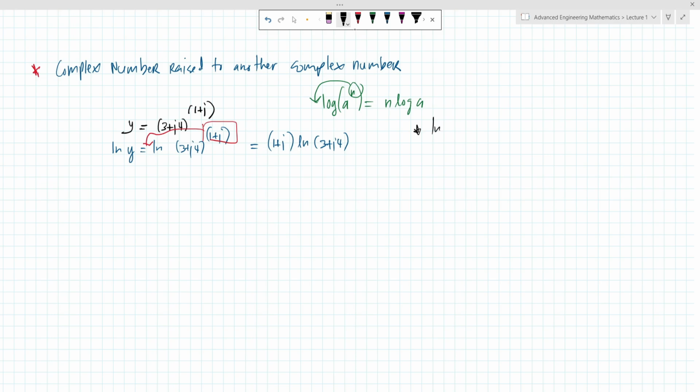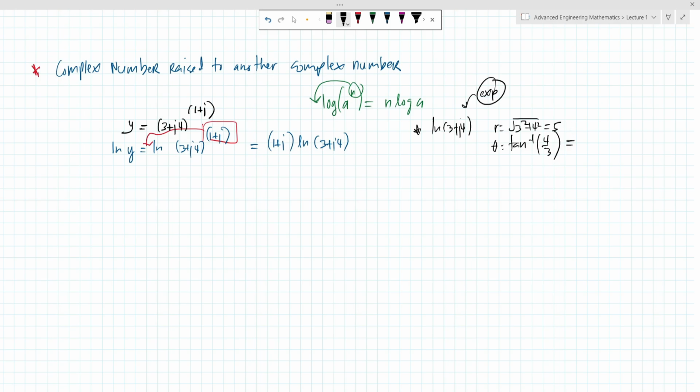Convert 3 plus j4 into exponential form. So our r is the square root of 3 squared plus 4 squared, which is obviously equal to 5. Our angle is the arctan of 4 over 3. And make sure that the resulting angle is in radian.